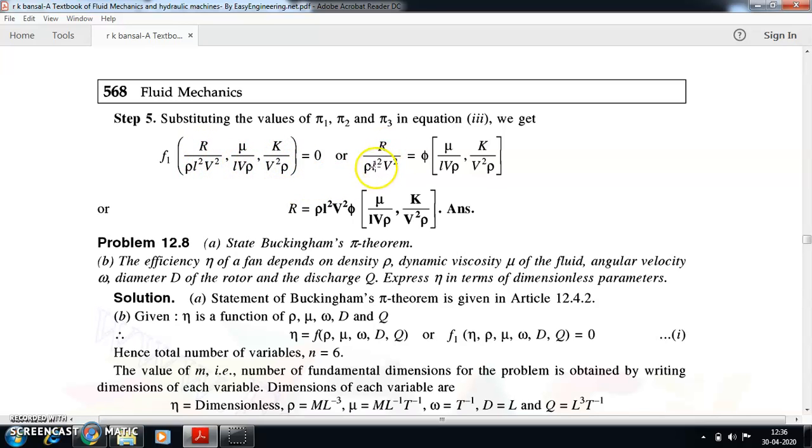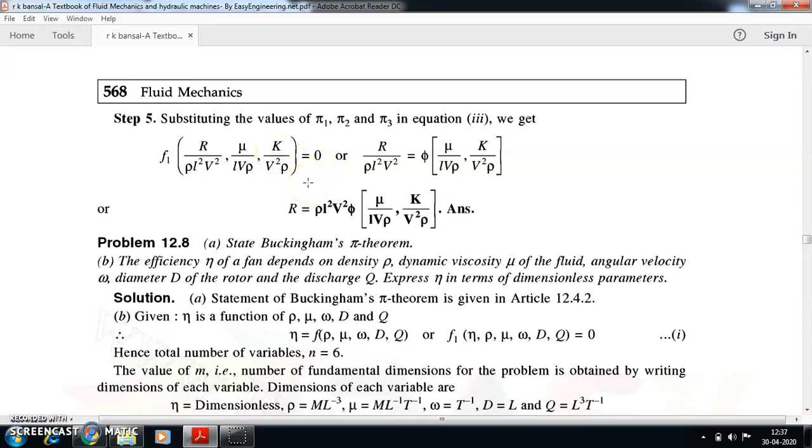So R divided by rho L square V square equals a function phi of mu divided by L V rho, comma K by V square divided by rho. You can end over here, or you can work it out further and get the final equation. Any such expression will fetch you the marks.